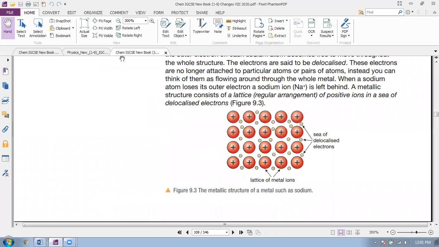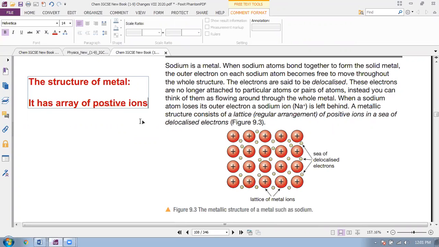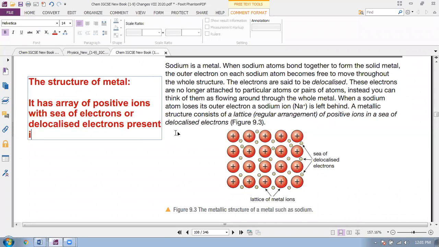So we can write the structure of metals. I want everyone to write: it has an array of positive ions with a sea of electrons, or delocalized electrons, present in its structure.